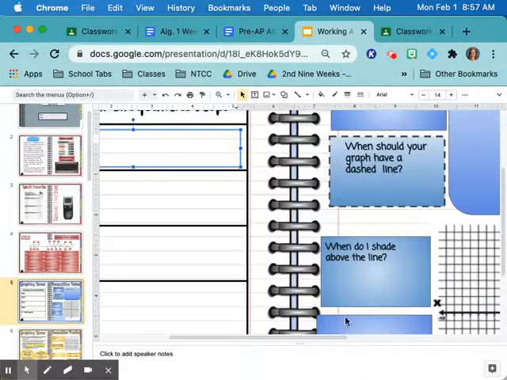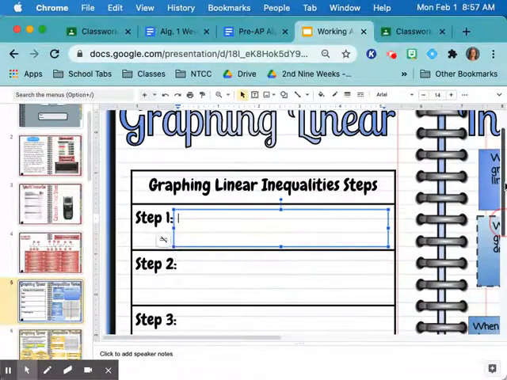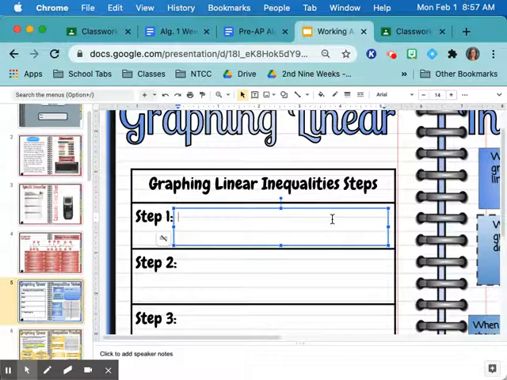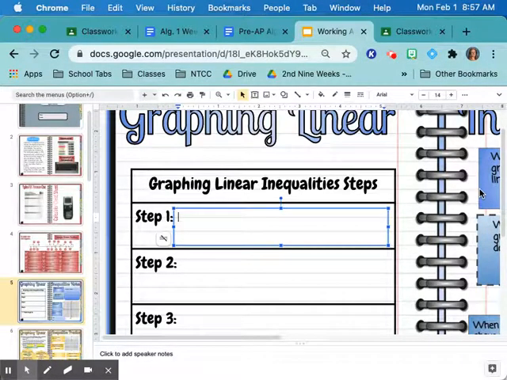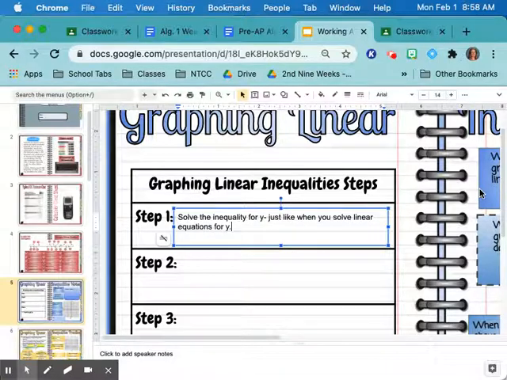Okay, step 1 is to solve the inequality for y, just like when you solve linear equations for y.